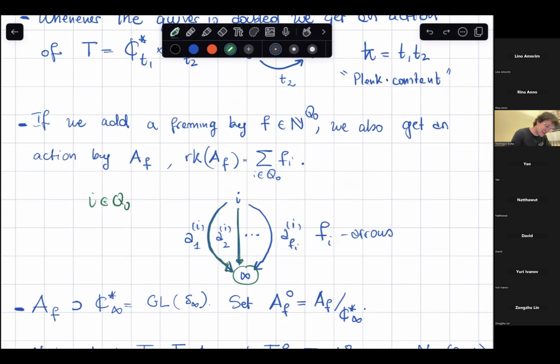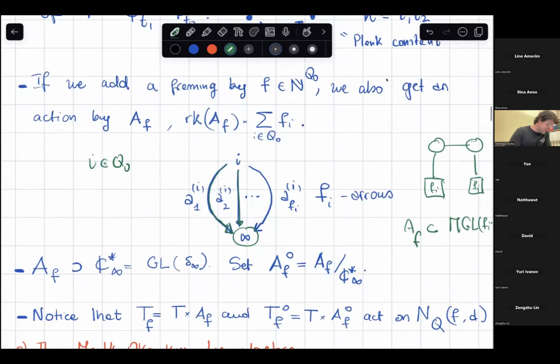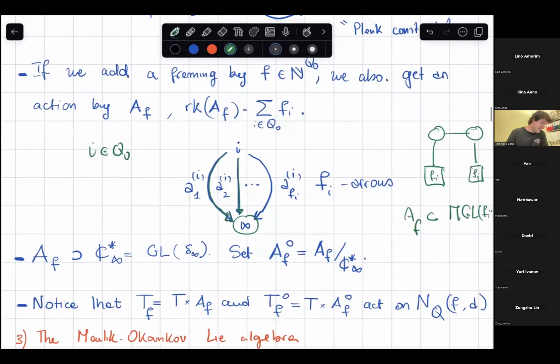Again, if you think of the quiver variety in this way, this AF is simply some maximal torus in the product of GL(F_i), where now the F_i live here. And let me also add the last subtlety, hopefully.